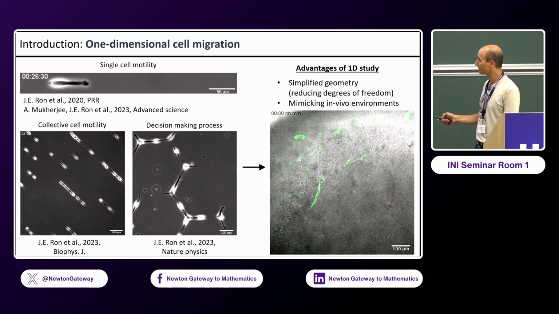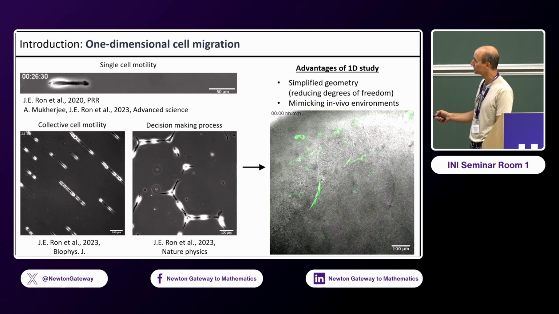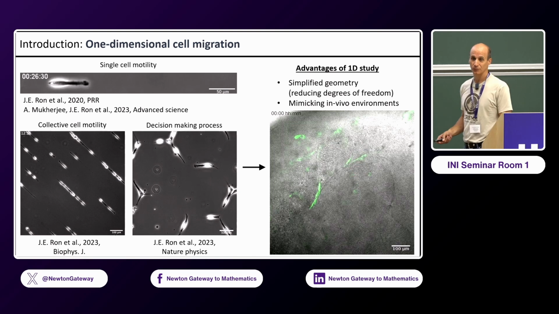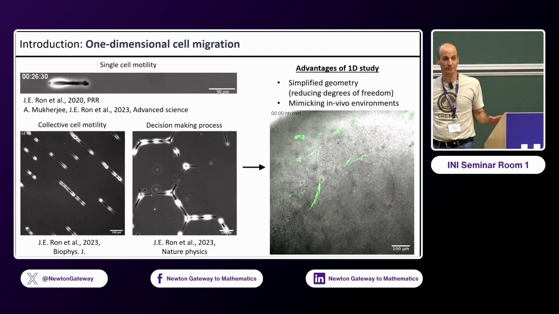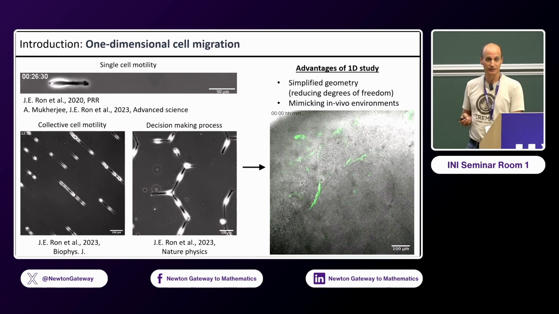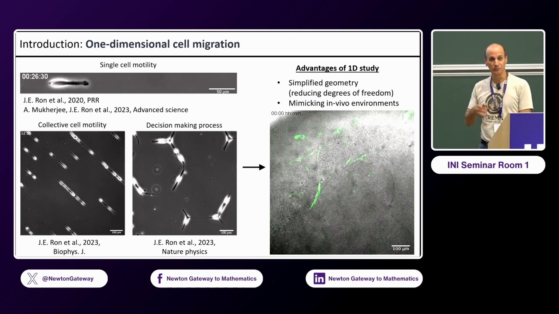You can see by the way the cells are moving that it's actually a hexagonal network that is being painted here on the substrate instead of just one linear track as before. And now the cells have to deal with these junctions while they are moving around. So now they are actually moving in the two-dimensional space which is spanned by this hexagonal network, and you can ask questions about how they are moving around.